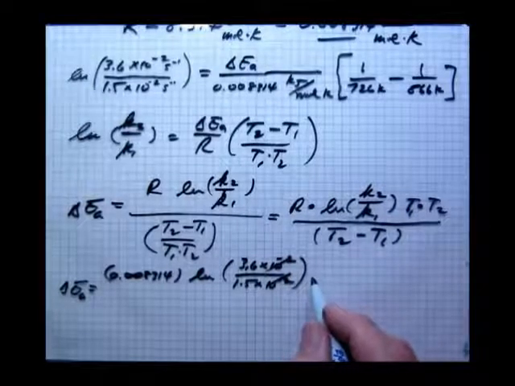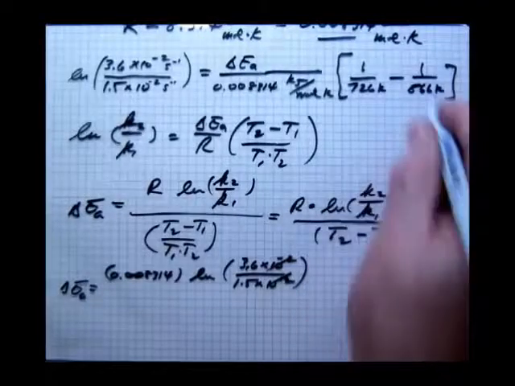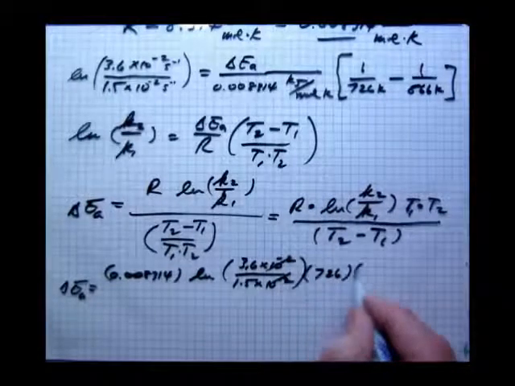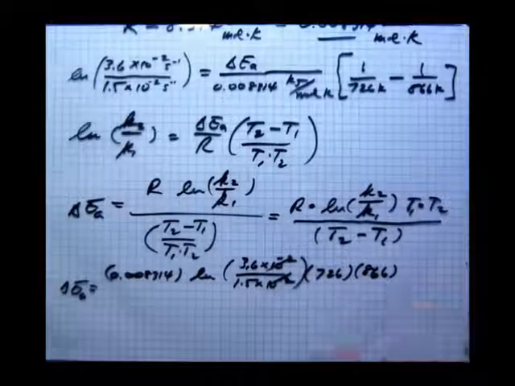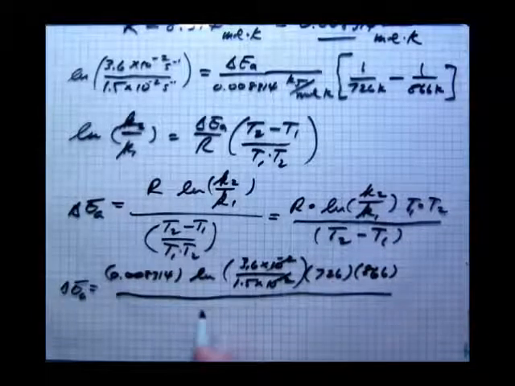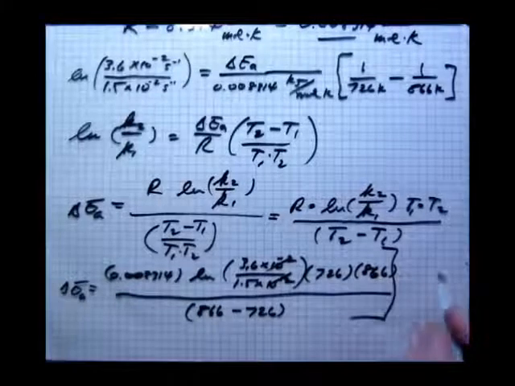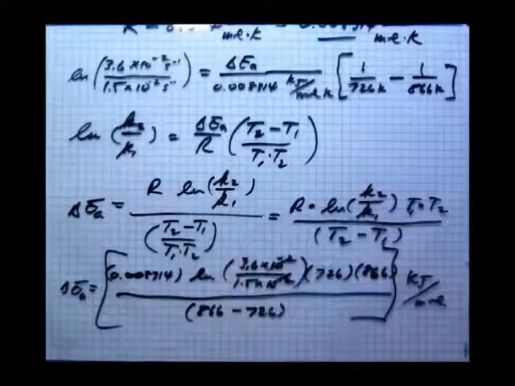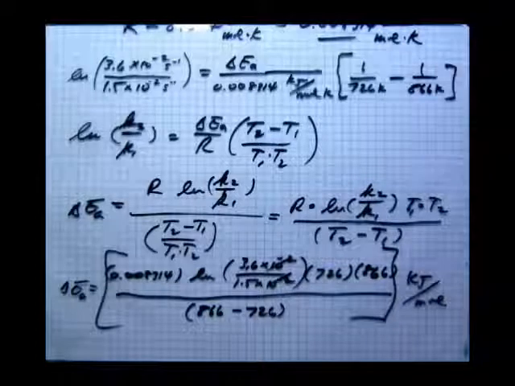The product of the temperatures, T1 is 726 times 866, all this divided by T2, which is a larger number, minus a smaller number. And everything will come out in kilojoules per mole. You try it out at home, work through the units if you want to. Trust me, it's correct. Okay?